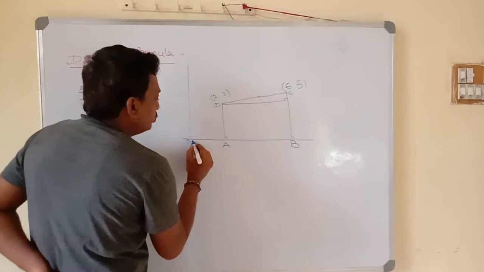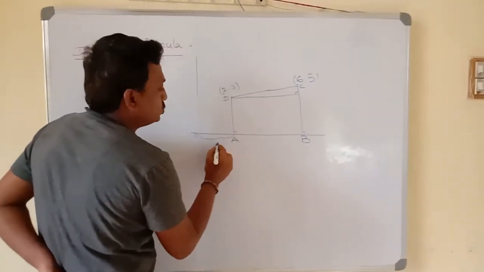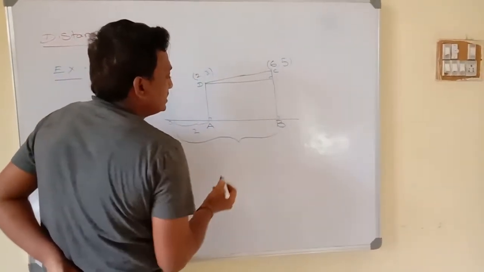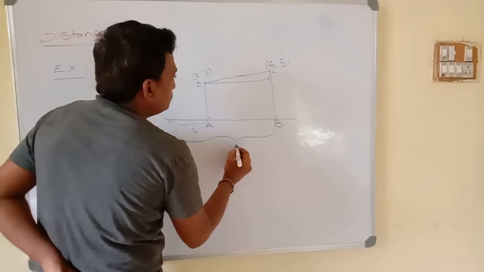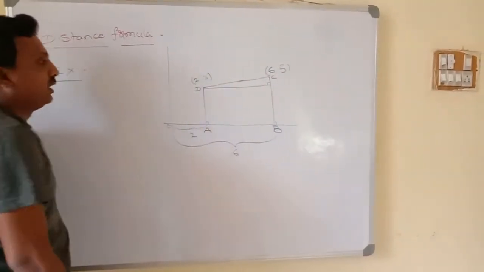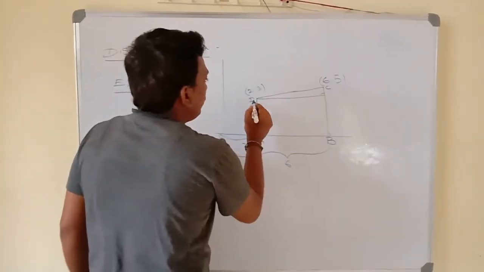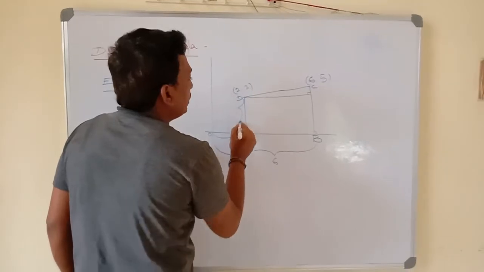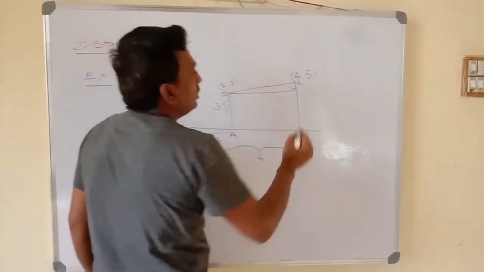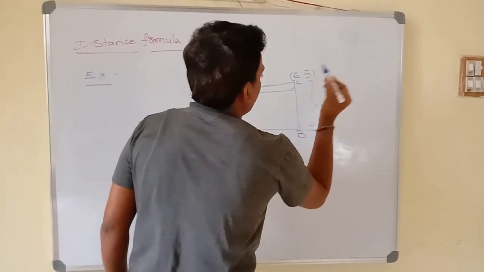Here O to A, the distance is, as we already know, 2. Origin to D, the distance is 3. No, not 3, origin to B is 6. And AD is 3, CB is 5.